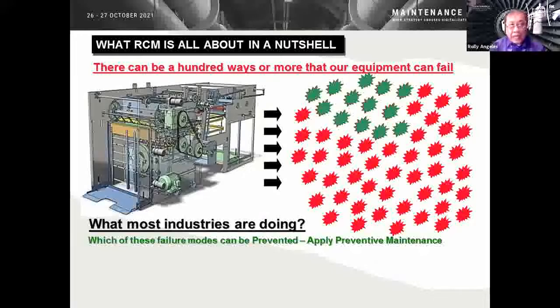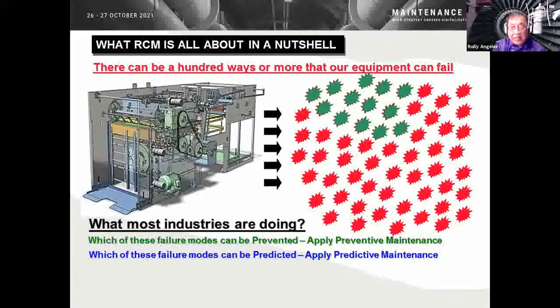So we apply preventive maintenance tasks on these particular failures. Now, there will be failures that cannot be prevented, but can be predicted. So we identify them, and we apply our predictive maintenance or condition-based tasks, which RCM calls on-condition tasks.